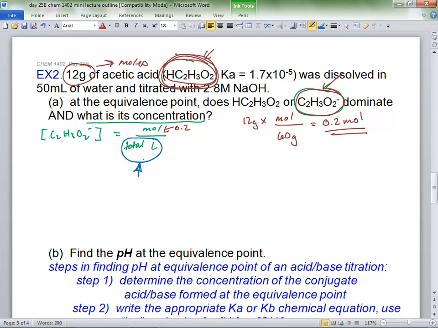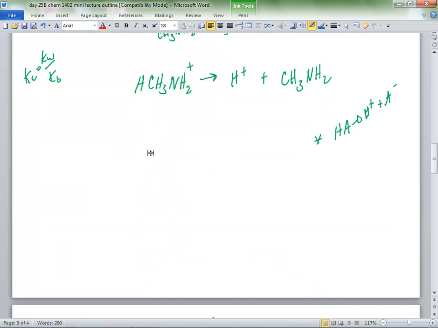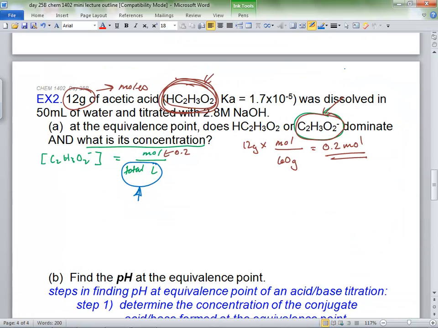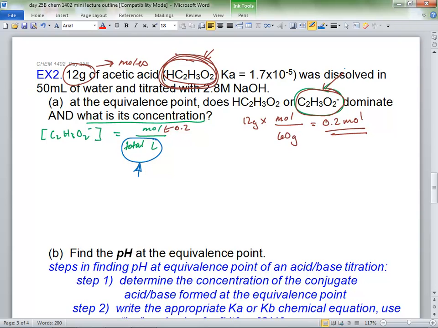Usually we end up starting with the volume, and then we convert all the way to the other volume. But here, he caught it right off the bat. You can't start with the 50 mils because you don't know what the concentration of that acid is. So he's exactly right.